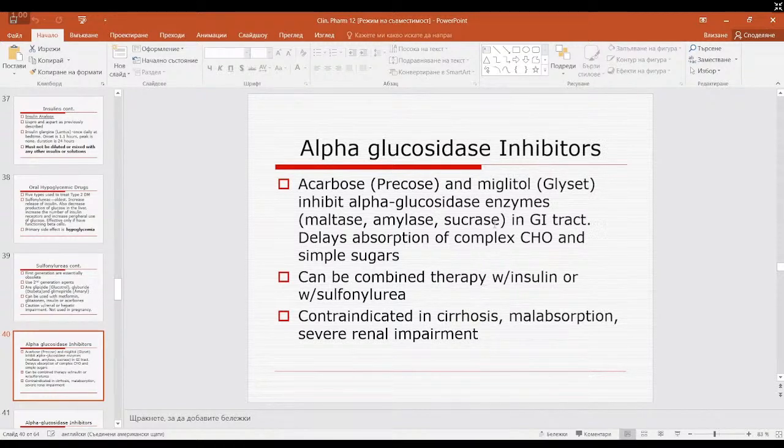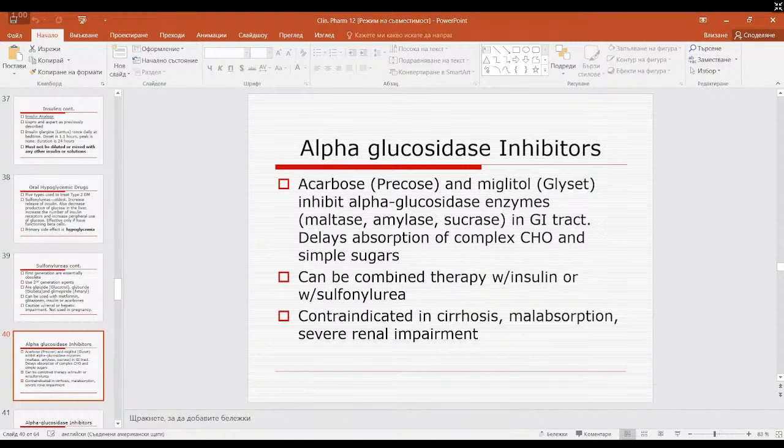Another oral type 2 diabetes drug class is the alpha glucosidase inhibitors, like acarbose and miglitol, and they inhibit this enzyme called alpha glucosidase that is found in the GI tract, which breaks down complex sugars into simple sugars that can be absorbed in the gastrointestinal tract and go into the bloodstream.